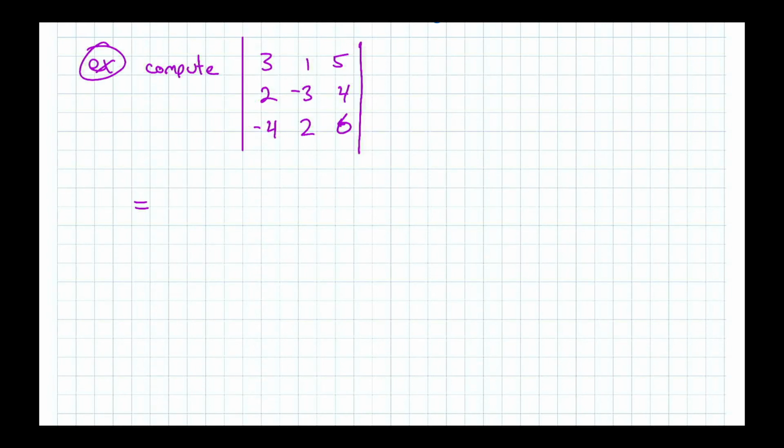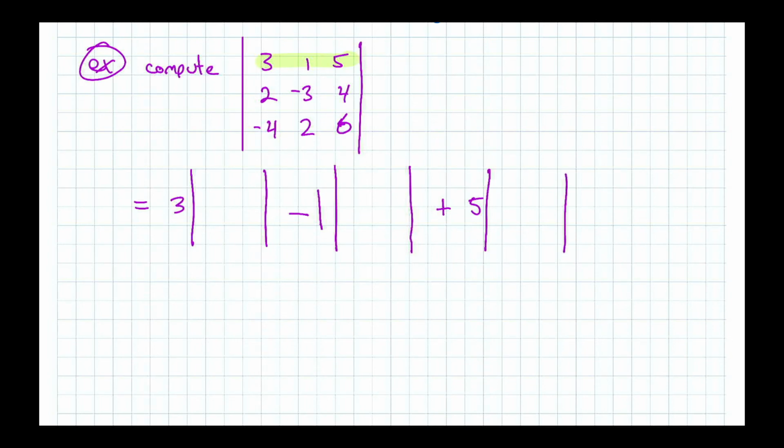I've got my top row there. So I know what I'm going to have is a 3 and then a 2 by 2, and then minus a 1 and then a 2 by 2, and then plus a 5 and then a 2 by 2.